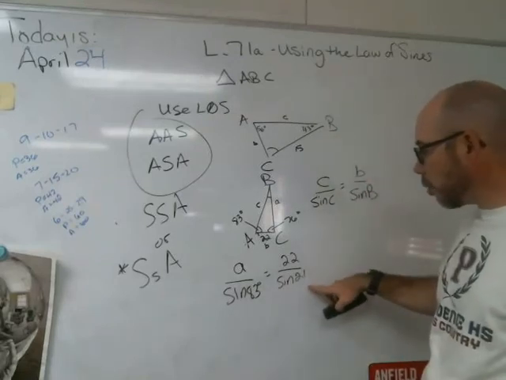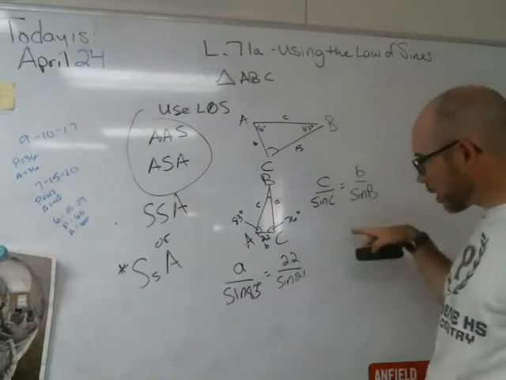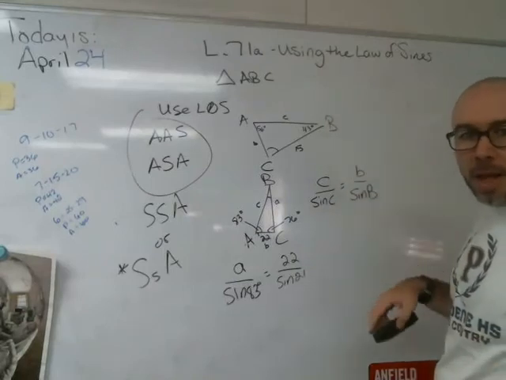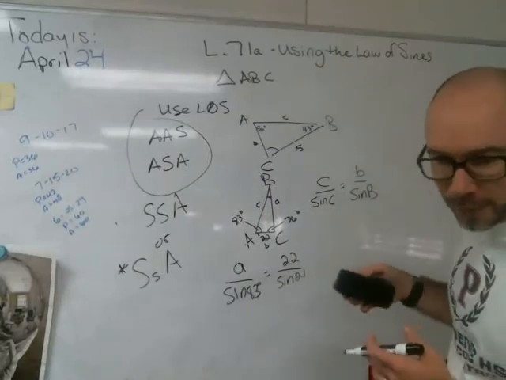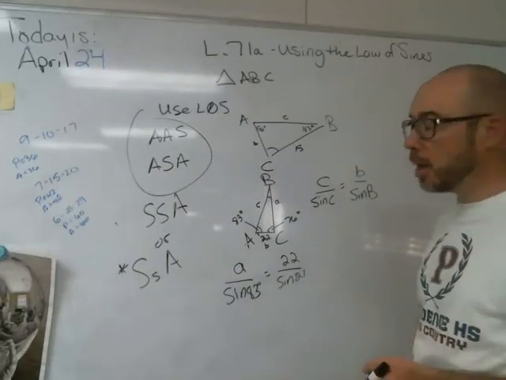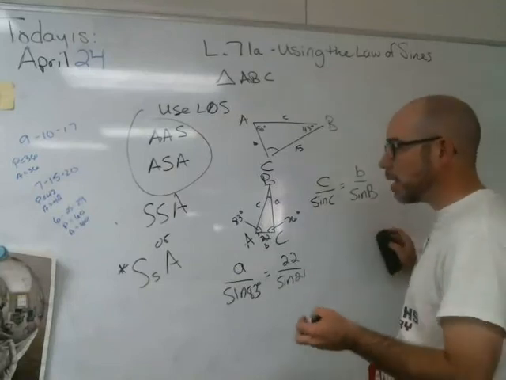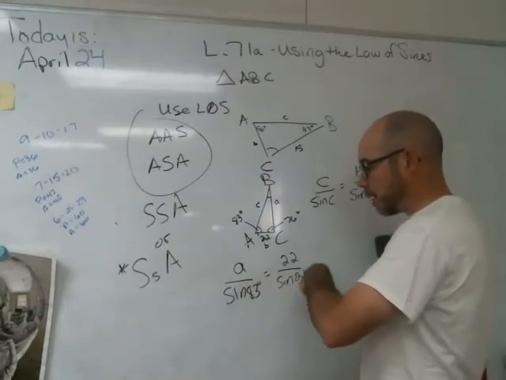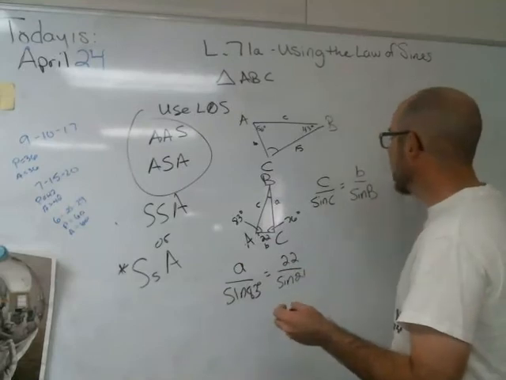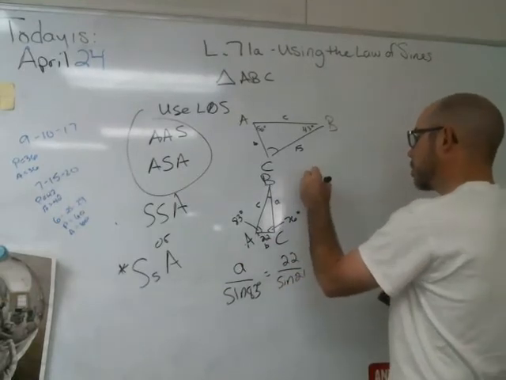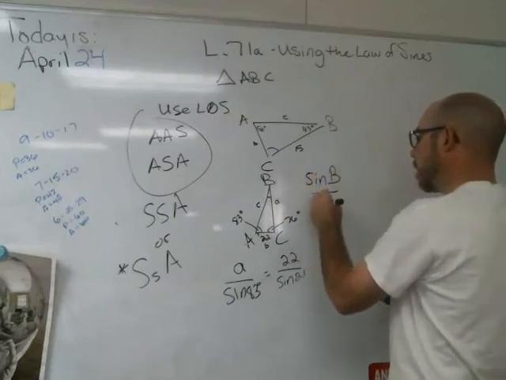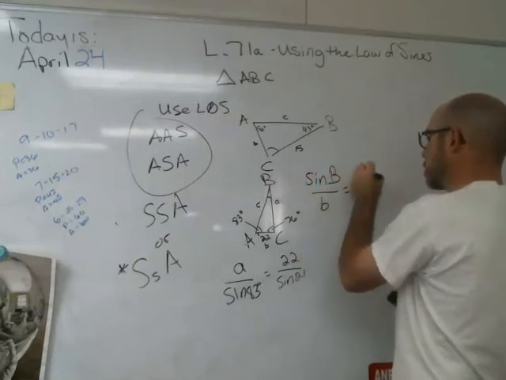You have to pick the right setup, and then your first thing is you've got to decide which thing to go after first. If I'm trying to solve for a side, I'm probably going to pick a setup like this. If I'm looking for an angle, I'm probably going to use something like this.